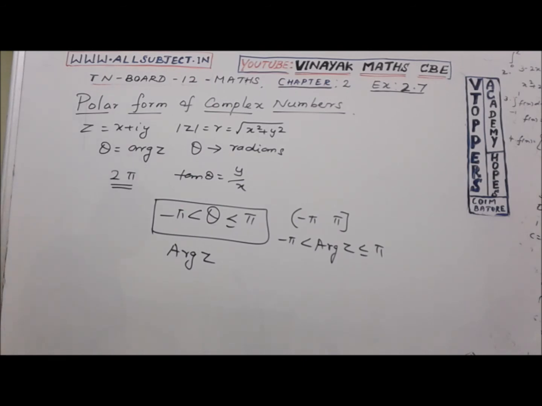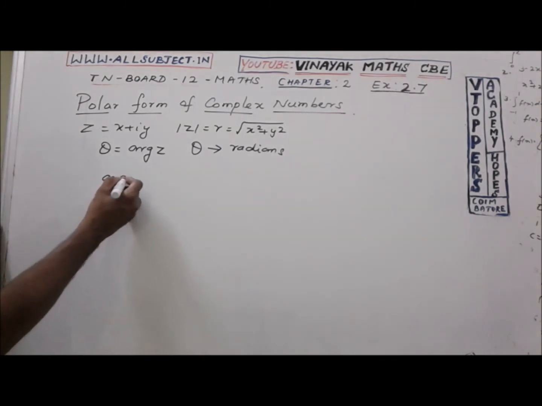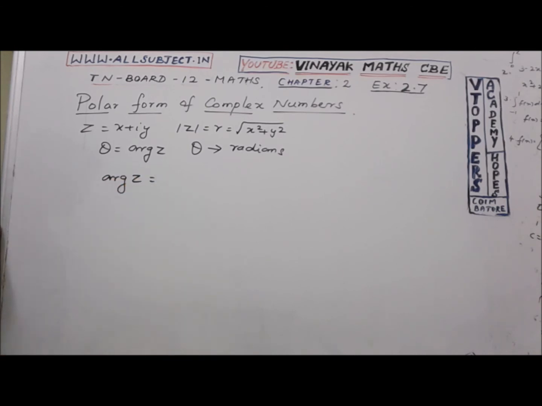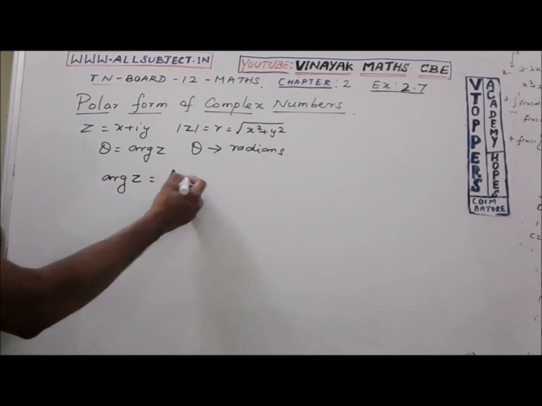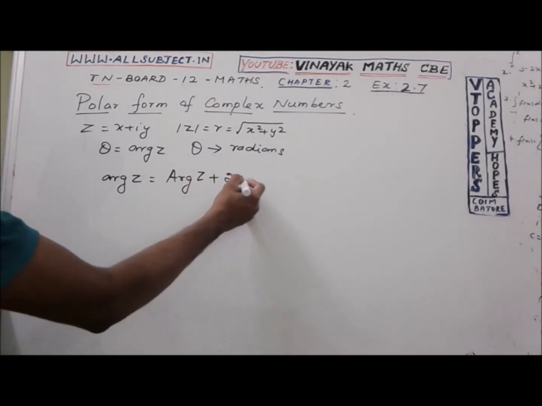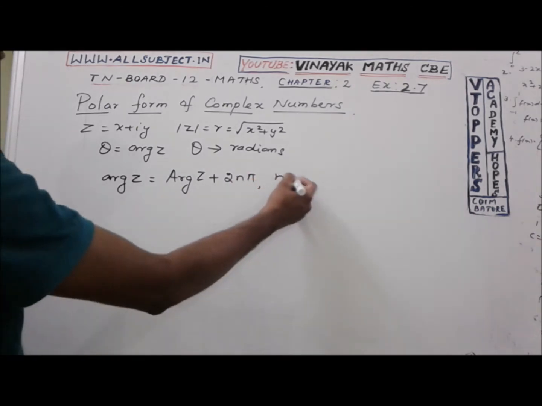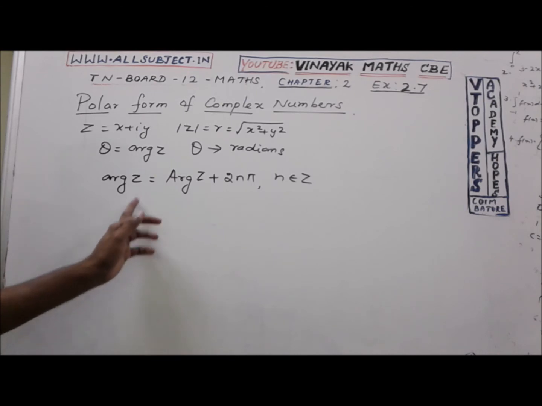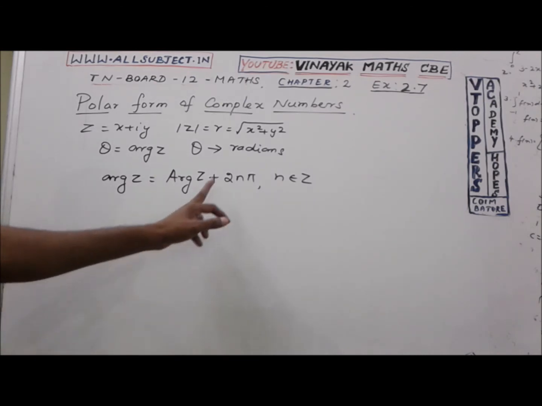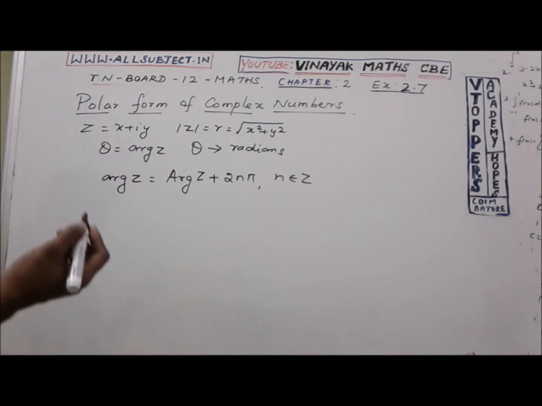Therefore, the argument of z is equal to Arg z plus 2n pi, where n belongs to the integers.